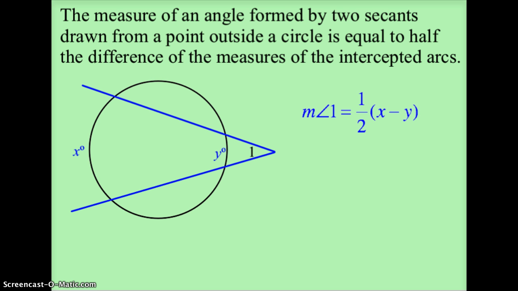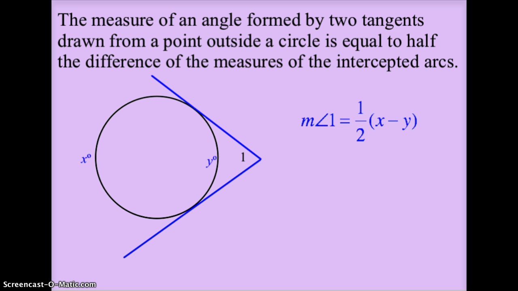In other words, the bigger arc minus the smaller arc cut in half will give you the measure of angle 1. The angle's on the outside. Instead of adding the two arcs and dividing by 2, we're going to subtract the two arcs and divide by 2. Now this works when we have two secants drawn from the same exterior point.